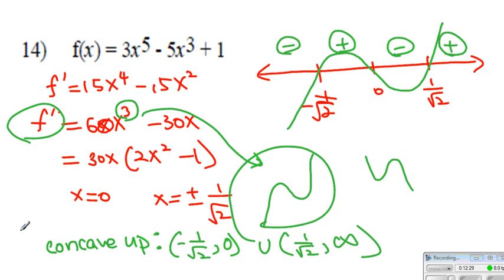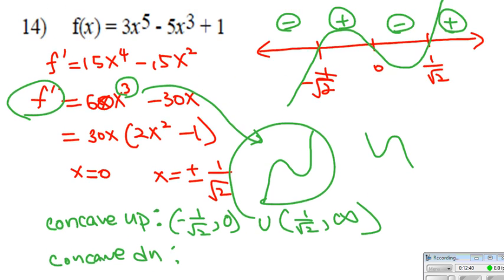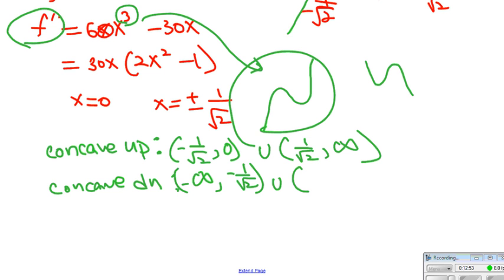Alright, next part, concave down. Negative concavity is negative infinity to negative 1 over radical 2, or 0 through 1 over radical 2.